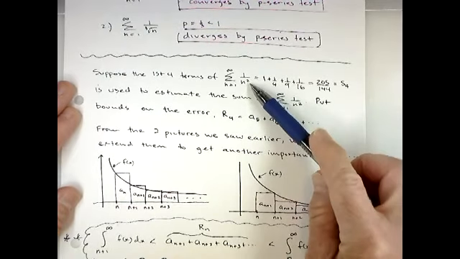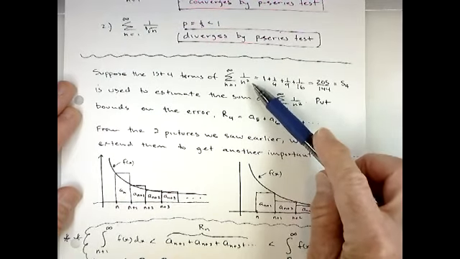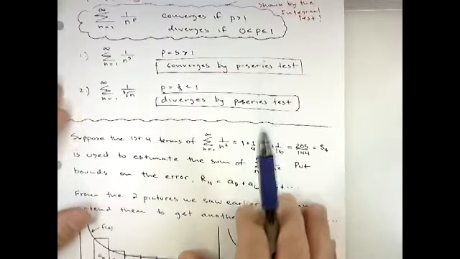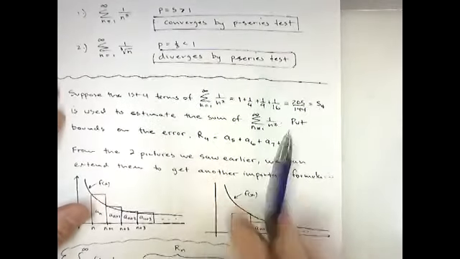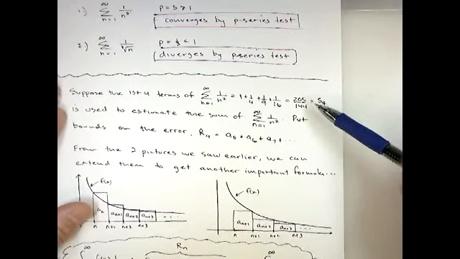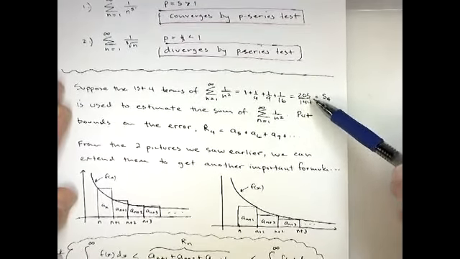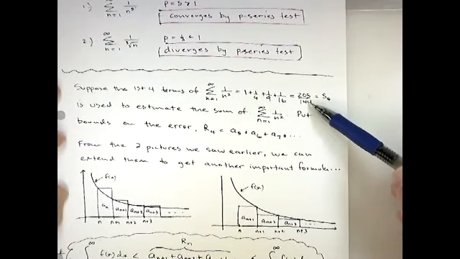By the way, 1 over n squared has a p-value of 2, right? And so using the p-series test, because p is bigger than 1, I know that this series converges. So if it converges, maybe we're trying to find an idea of what the sum is. If I add the first 4 terms, I get 205 over 144.